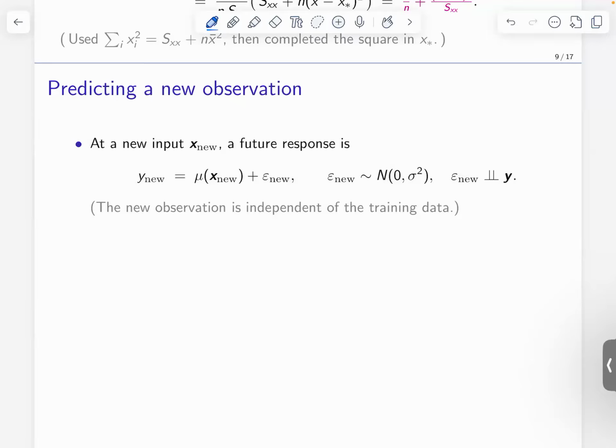We have an estimate of all the parameters of the model. We assume a linear model. We have the data, and so we have the regression function mu hat.